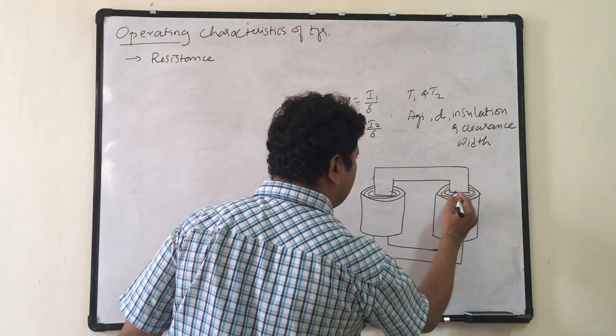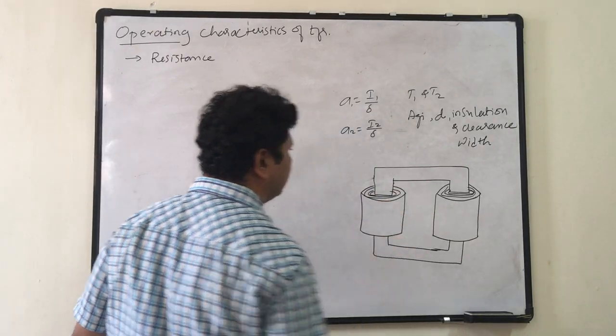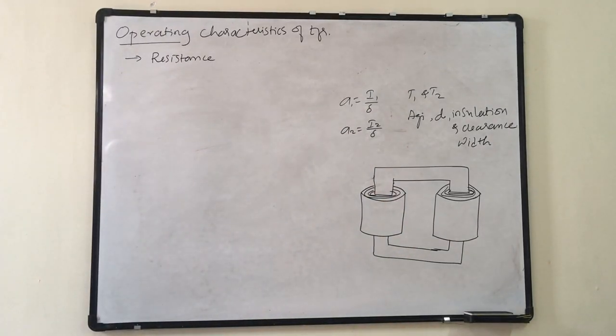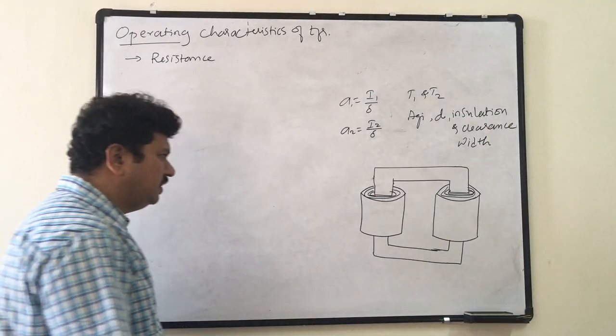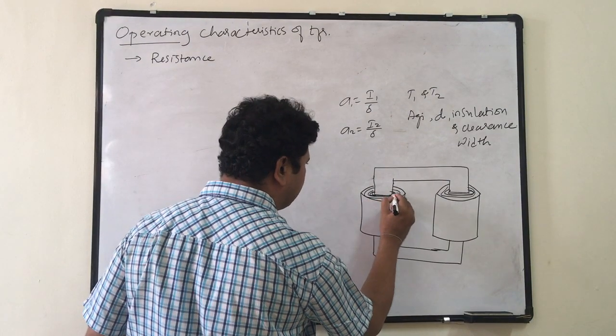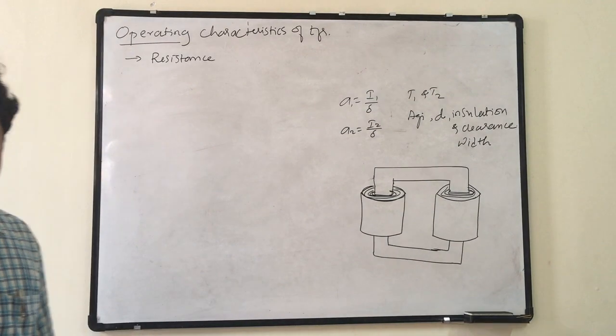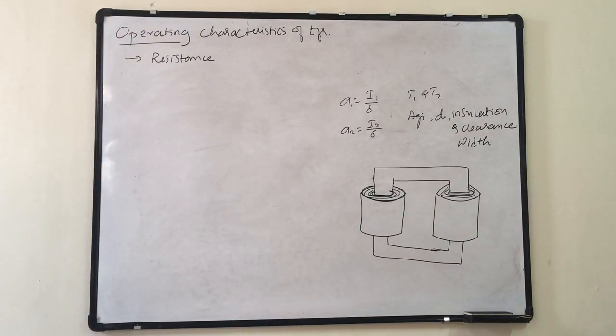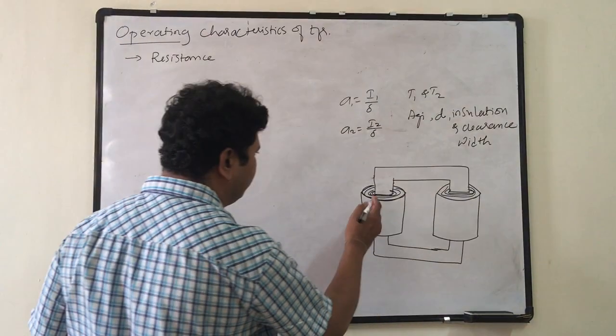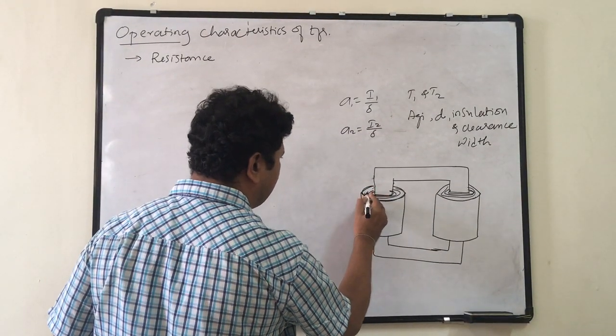Let us assume for now that one limb carries the primary and the other limb carries the secondary. Now see, the length of the innermost turn is very short and the length of the outermost turn is very long. So getting the exact length of each turn is difficult. So what we will do is take the length of mean turn.